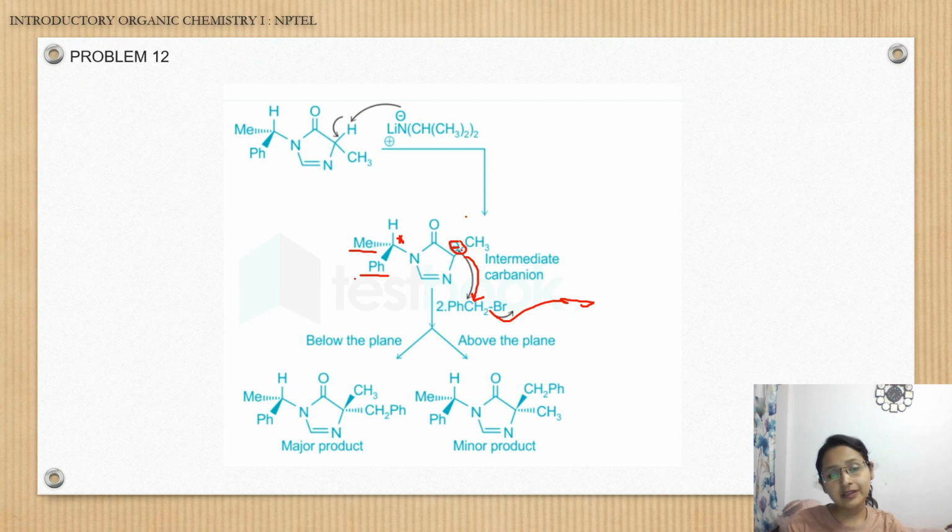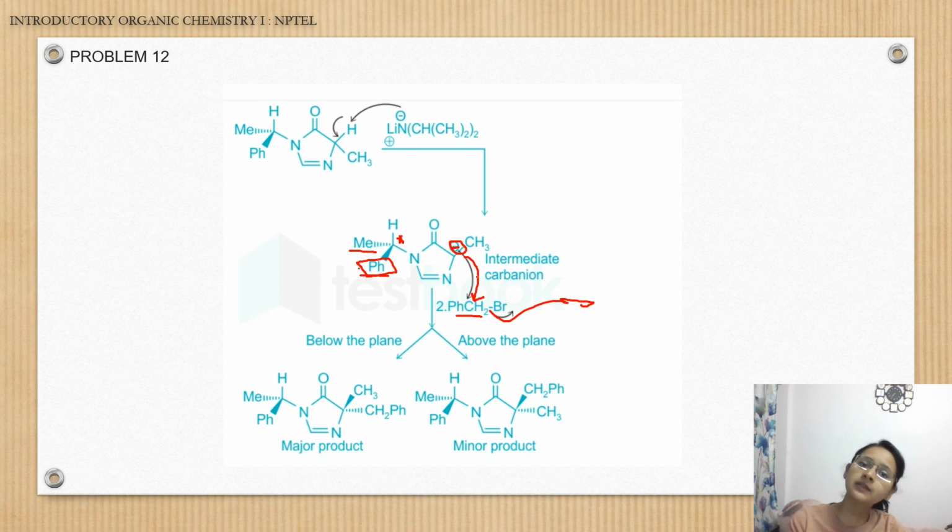It will prefer below the plane because above the plane the phenyl group is present already. It will feel very much steric hindrance if CH2Ph is present above the plane. So if the incoming group comes from above the plane, it will feel steric hindrance due to phenyl, and it doesn't want to feel that steric hindrance.